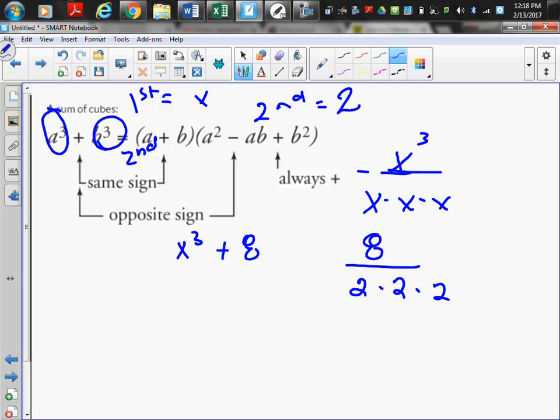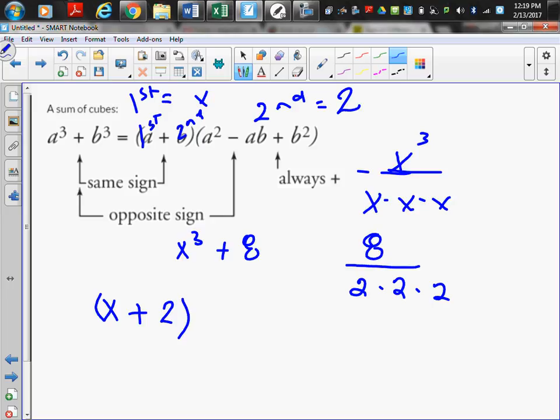So what this tells me is I have my first factor, which is A, is x. My first factor is x. So we'll call this first and second. So the first one is x plus my second is 2. All right, so this is my first one squared.